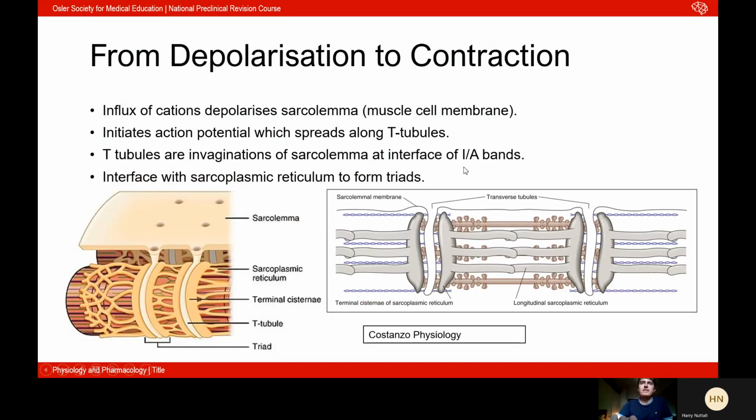And these are located at the interface of the I band and the A band. And they interface with sarcoplasmic reticulum inside the cells. And these sarcoplasmic reticulum are the key calcium stores in muscle cells. And they form structures called triads. As you can see, the T tubule comes very close to the sarcoplasmic reticulum, which is intracellular.